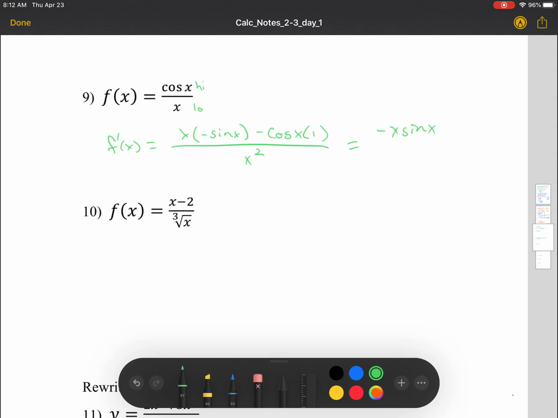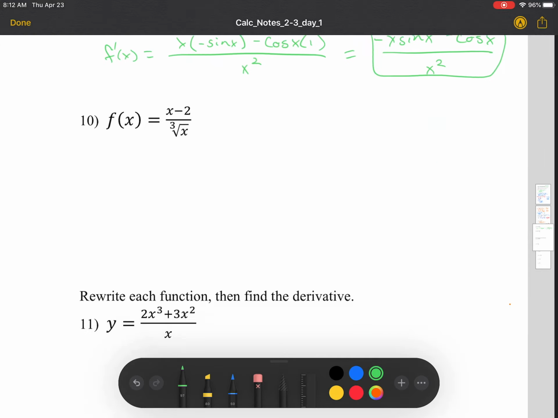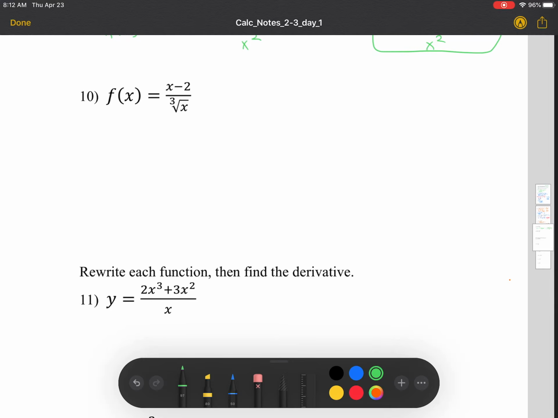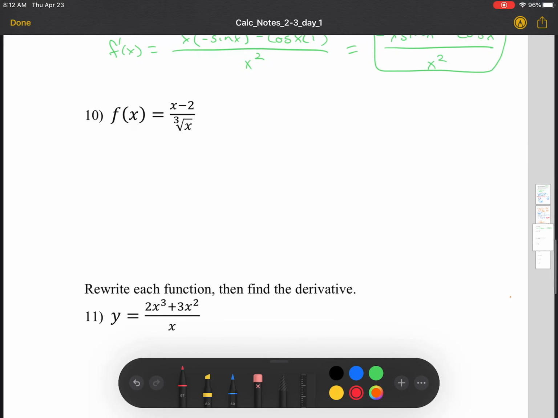All right, this one doesn't take a whole lot of simplification. There's not much more you can do with it. So your answer is negative x sine of x minus cosine of x all over x squared. All right, and that's it for that one. Some of these can be real quick and simple. All right. 10.